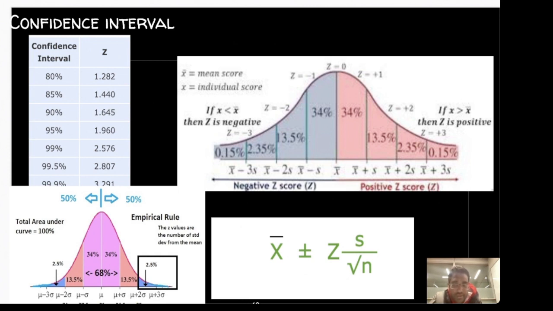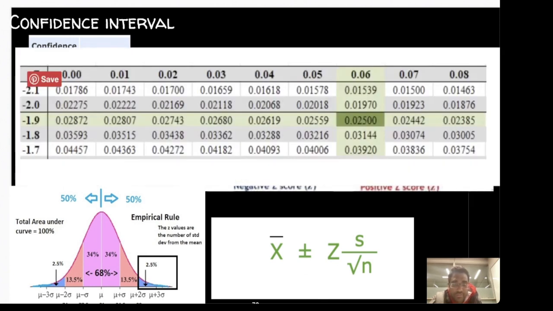So for the 1.96 value, if you see, the p value, which is the area, is 0.025. If my z is 1.96 plus minus, let's consider the minus. You can see the two tables, plus and minus.